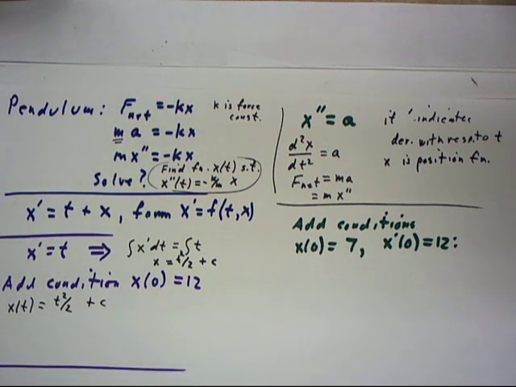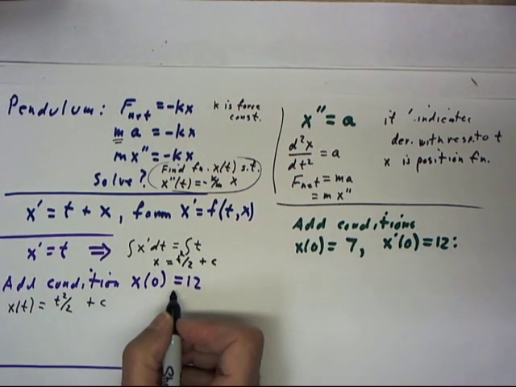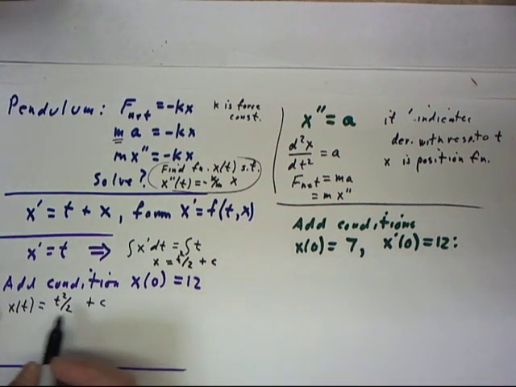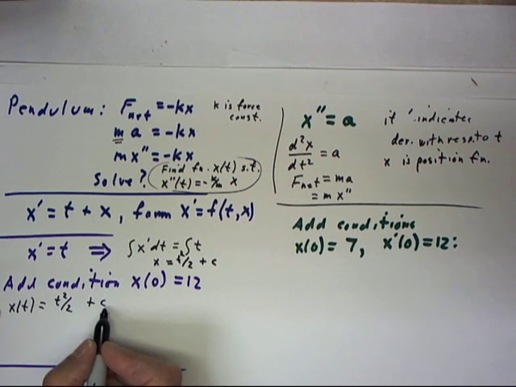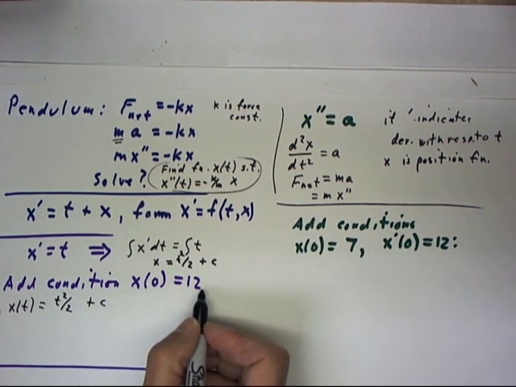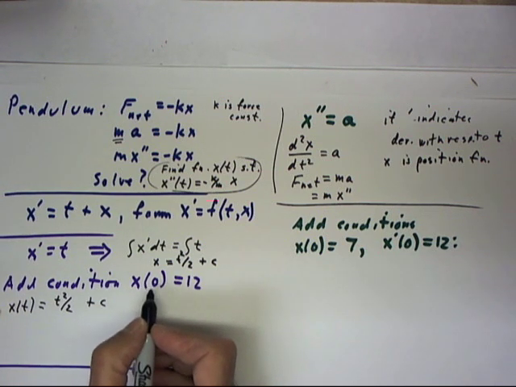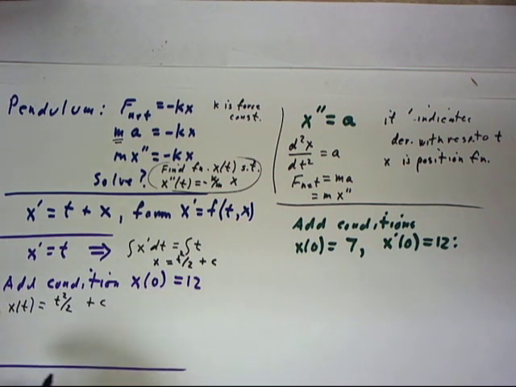It's our integration constant. Now, if we add the condition that x of 0 equals 12, that allows us to evaluate c. c being completely arbitrary allows us to put what we call an initial condition on the equation, a condition that x take a certain value when t takes a certain value.